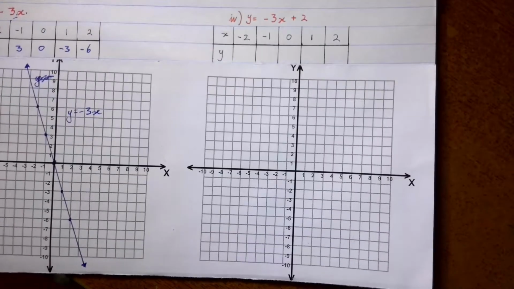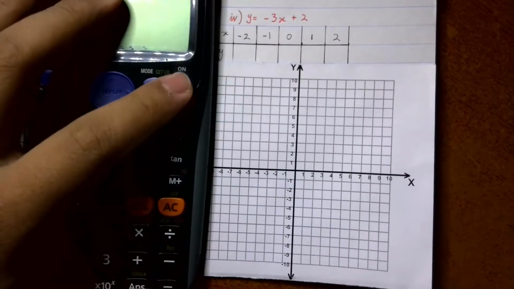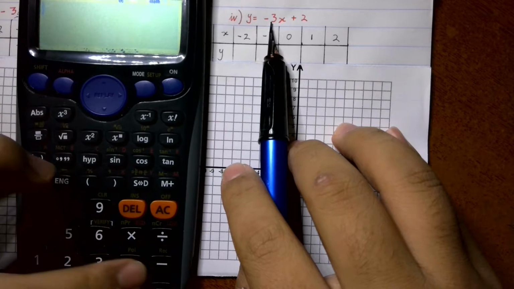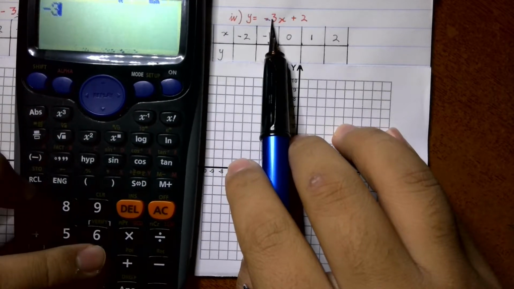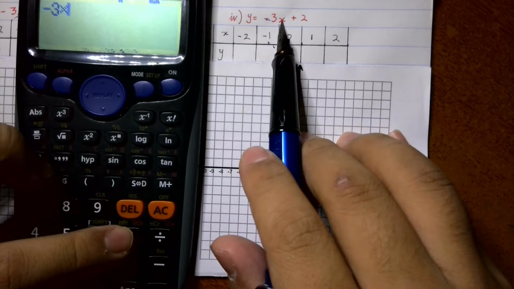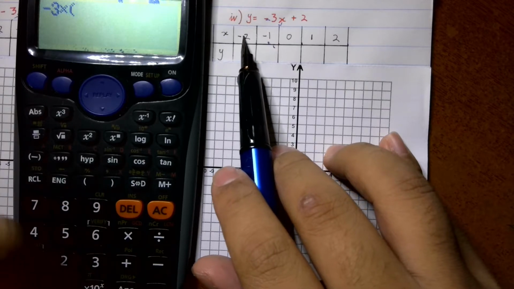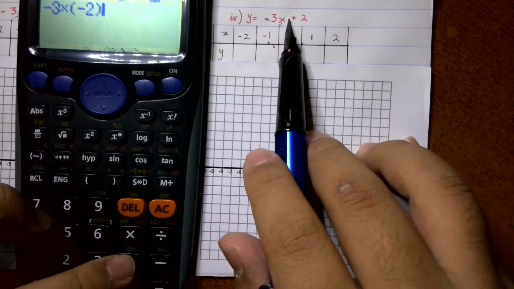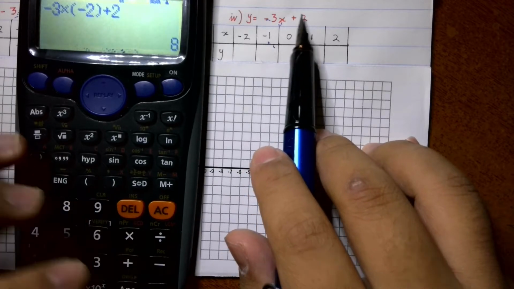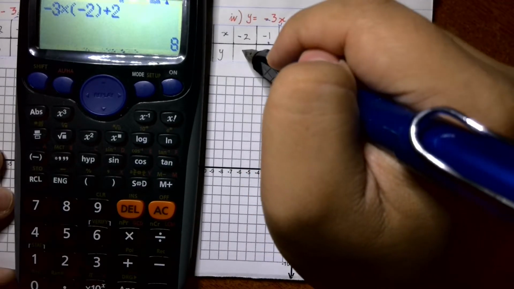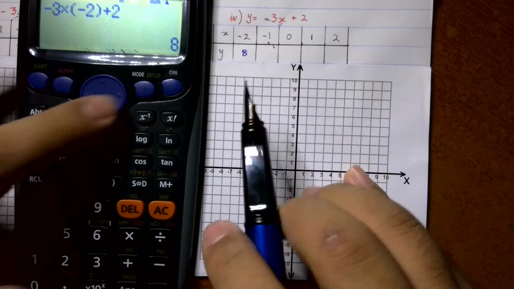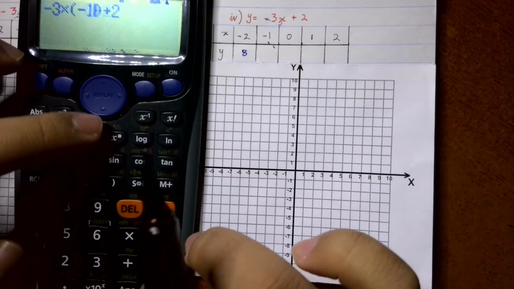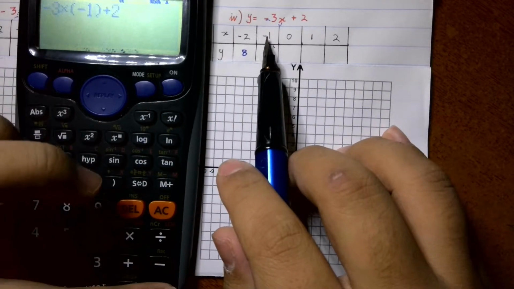The very last example here, this will be negative 3 times x, but x is what we're substituting, so this will be negative 3 times negative 2 plus 2. This gives us 8. We're going to move right along, substituting negative 1.